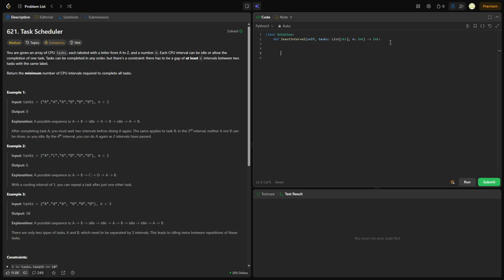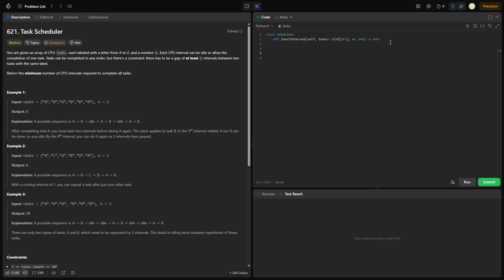Really the trick to this problem is you just want to use the tasks that are most frequent, because you want to minimize the number of CPU intervals to complete all the tasks. So it stands to reason you want to use the most frequent task first, so you use those up as fast as possible.